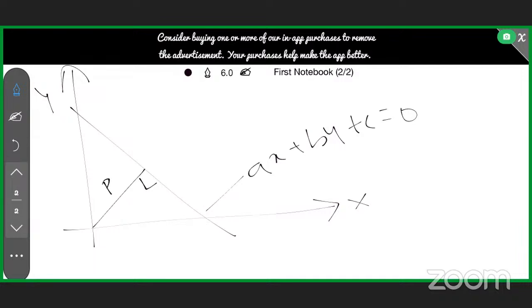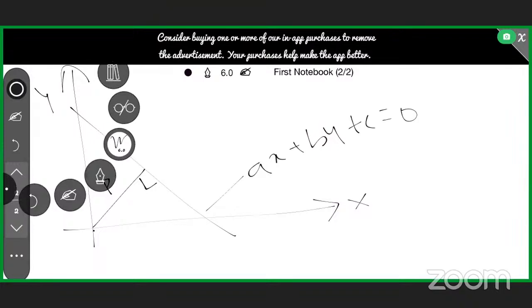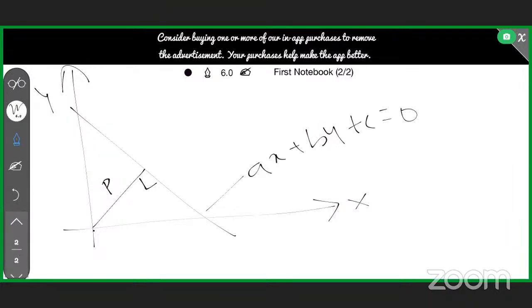If you look carefully, this normal is making an angle with the x-axis in the positive, anti-clockwise direction. That angle I'm taking as alpha.